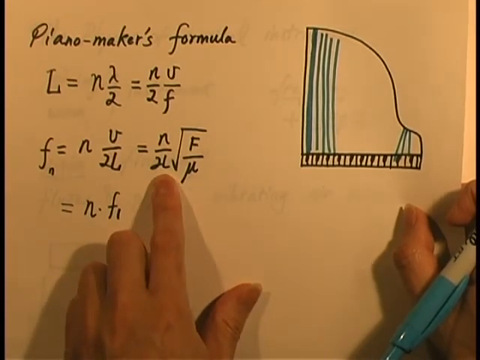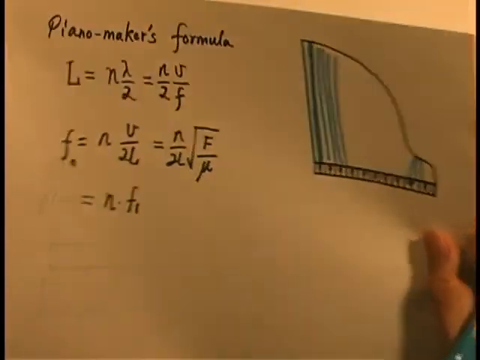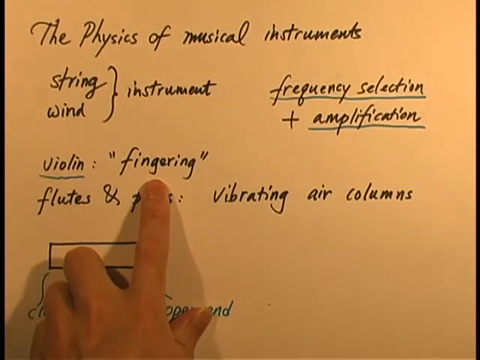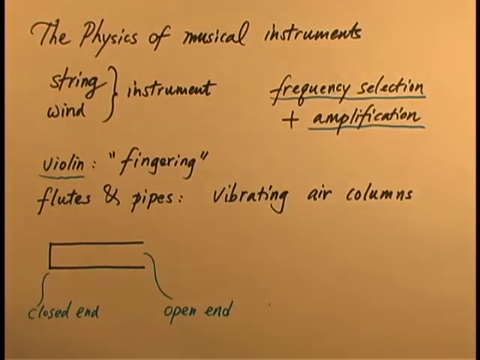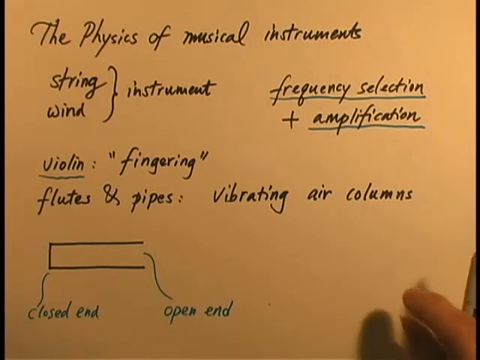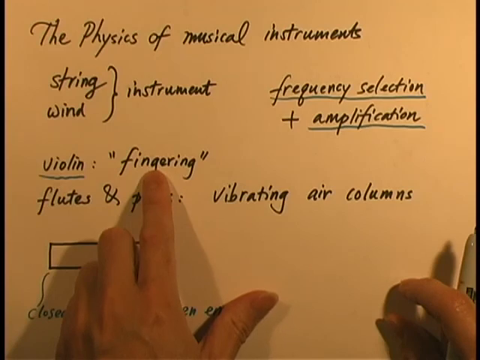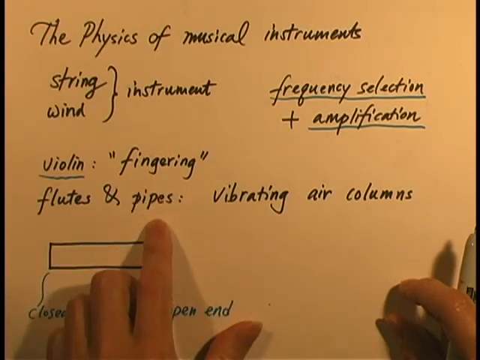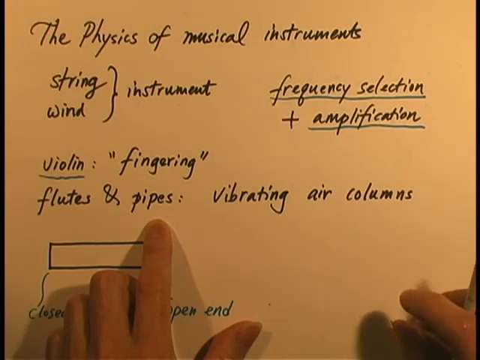Now, how do you change the length? Well, this is what's called fingering. Everybody who has played violin or has seen people playing violin, you know what I'm talking about. You put a finger at a certain portion of the string, and that pretty much stops that part of the string from oscillating. You have effectively shortened the length of the string to from one end of the string to where that finger is placed.